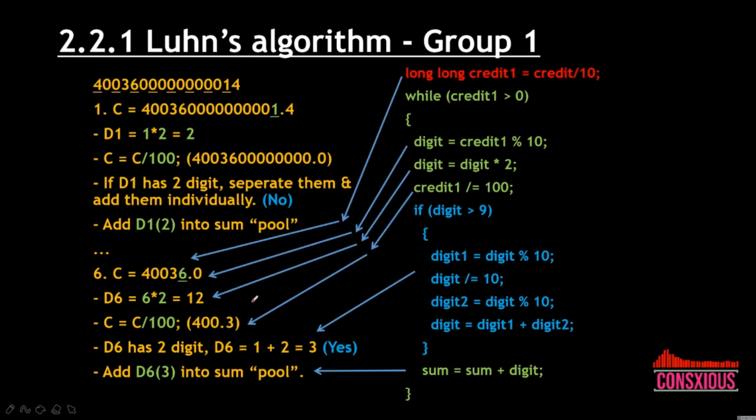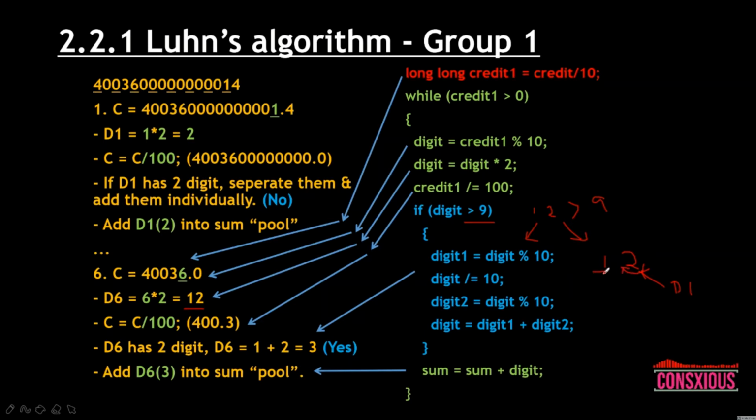What if we have a digit which is, for example, 12, which is actually more than 9? Basically we just separate these two. You can see here, for example, there's a 12 here. We modulus here, and this will be the digit D1. Then we divide by 10, shifting a decimal here.